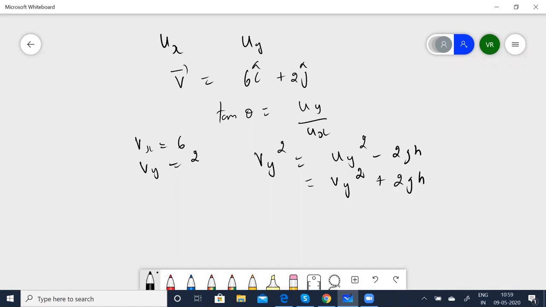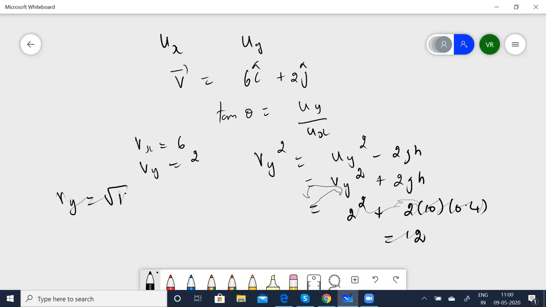Now substitute the values. That is 2 squared plus 2 into 10 into 0.4, so that works out to be equal to 12. So uy is now going to be root of 12, which is equal to 2 root 3.